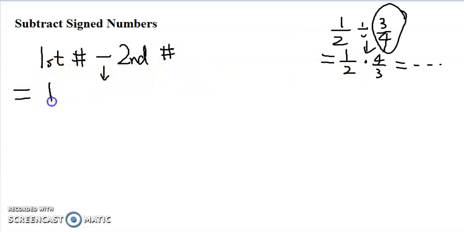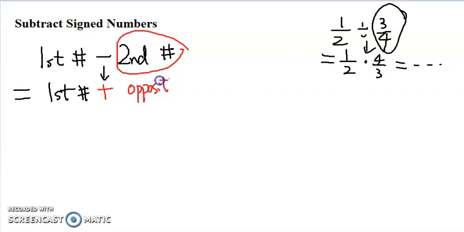So we are going to change subtraction to addition. So this minus will become a plus. But we also have to change the second number to the opposite of the second number, not the reciprocal of the fraction, but the opposite.